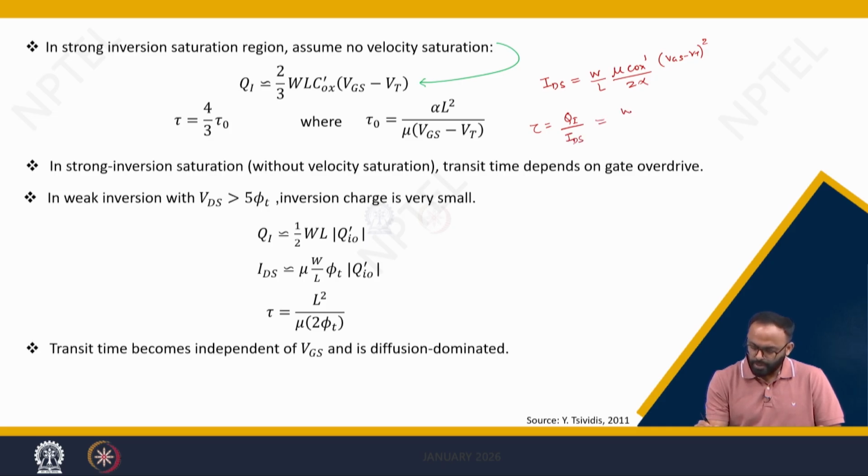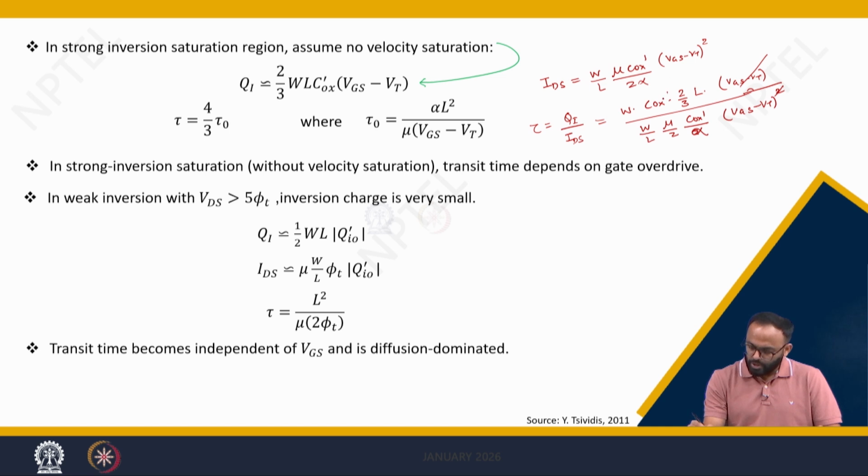If you do so, W into Cox into 2 by 3 into L into Vgs minus Vt divided by W divided by L mu divided by 2 into Cox dash divided by 2 by alpha into Vgs minus Vt whole square. This term will get cancelled.